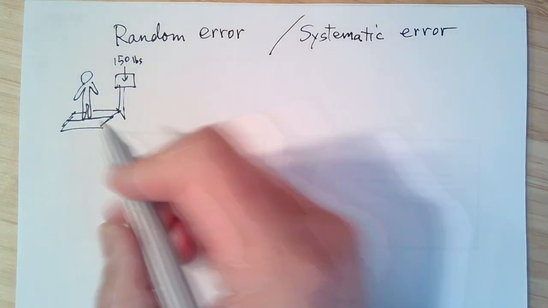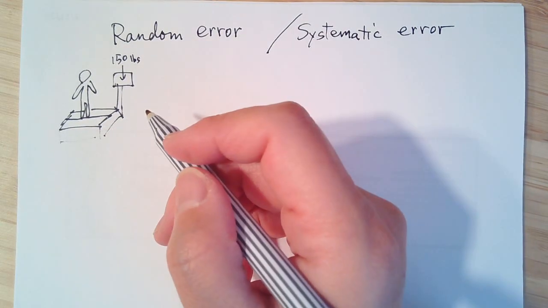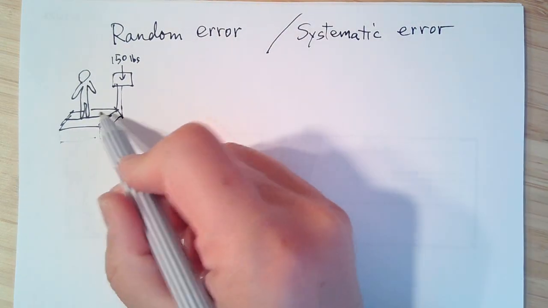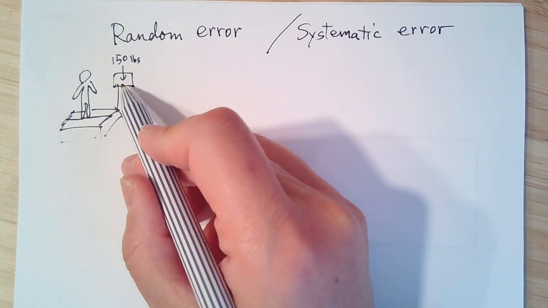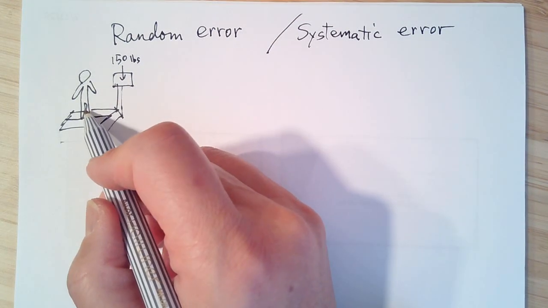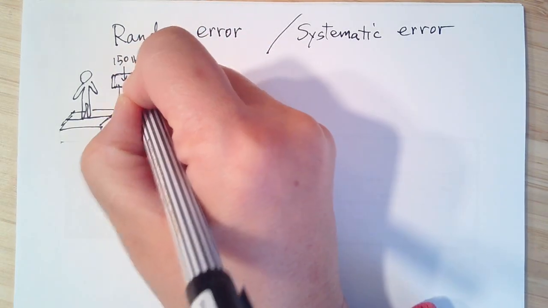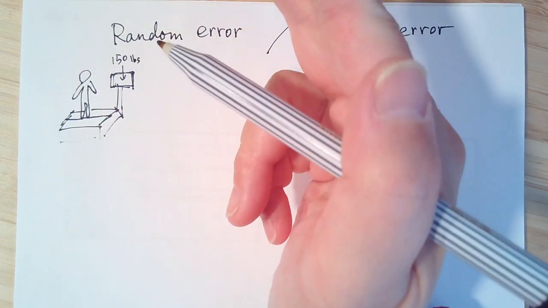However, if this scale is always like 2 pounds more, even when you put nothing there, it still shows 2 pounds. So everybody steps on it. For example, this person is 150 pounds, but the little meter will show you 152. That's not right, right? There's 2 pounds. That's the error.